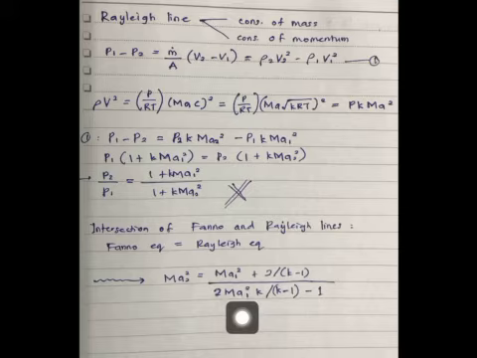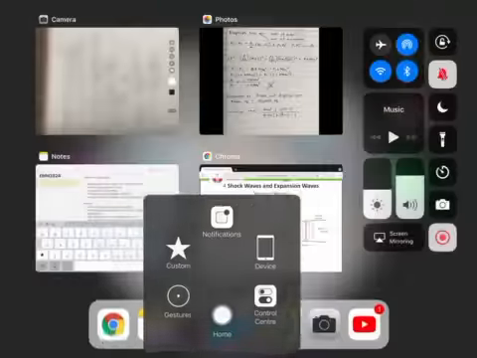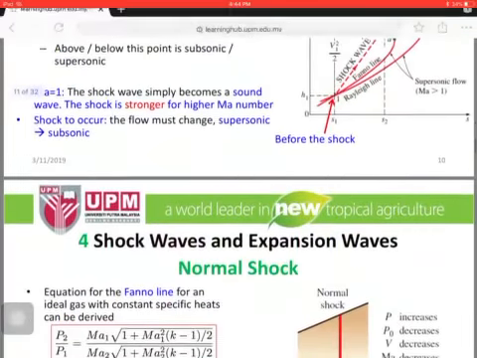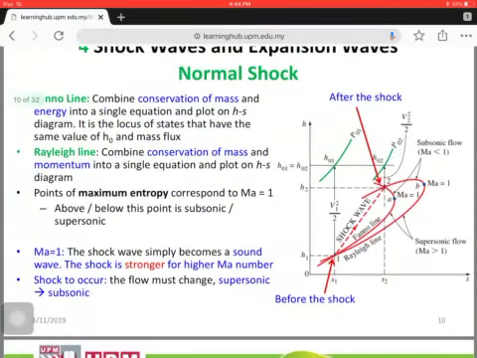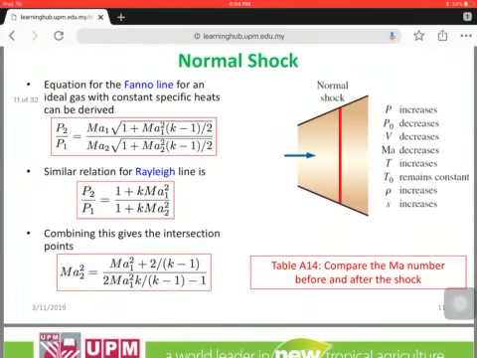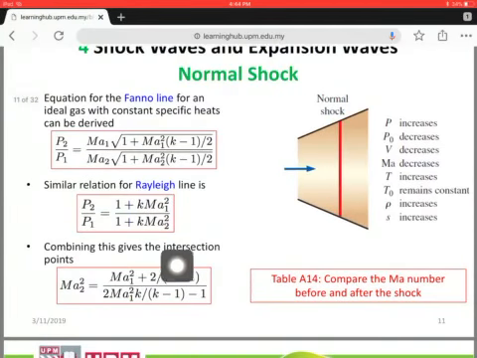So this is the formula, this is the intersection between the two lines. So if we go back to the slide, this line, these are the two intersections that I mentioned just now. So we obtain this formula and also the intersection.